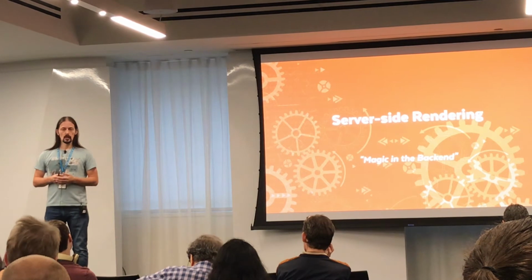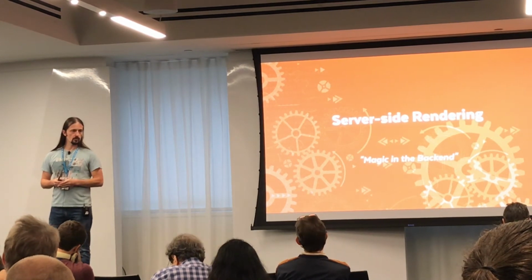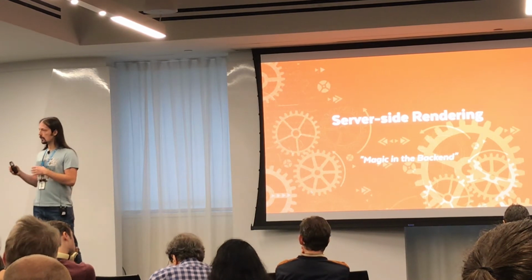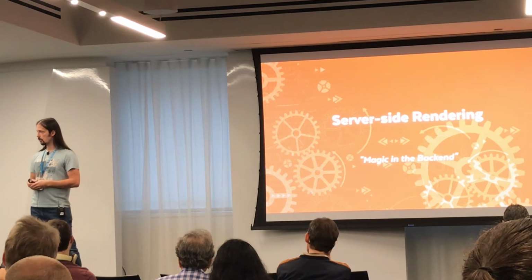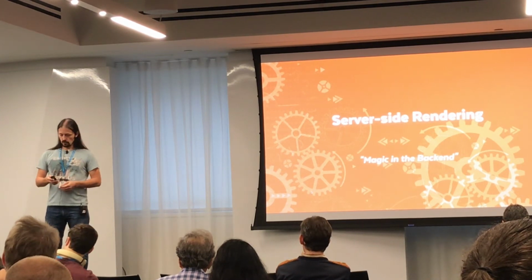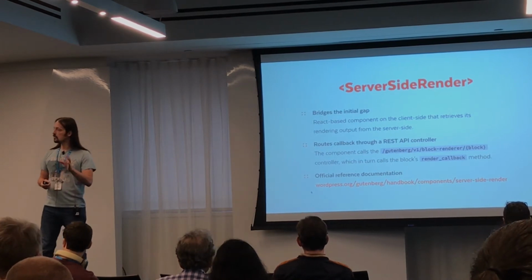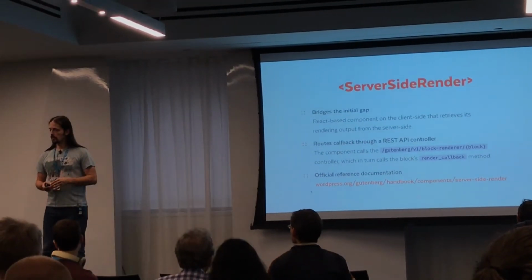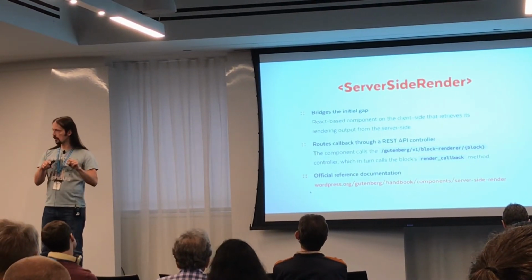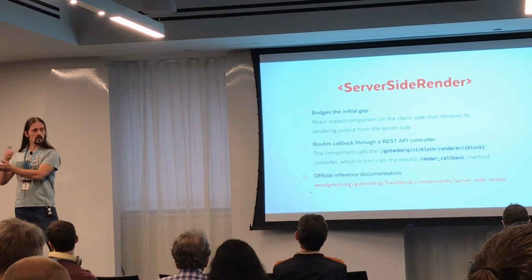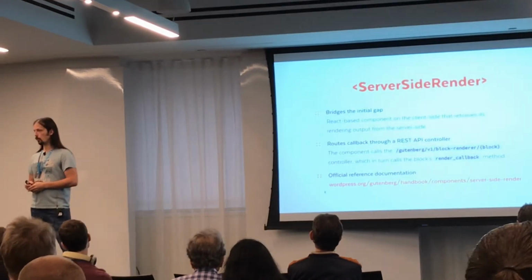For example, you might have a plugin that has a shortcode that you make available to your users. You already built the PHP logic to render the output that this shortcode is meant to produce. The server-side rendering component allows you to still reuse all the PHP code that you have for that shortcode. Just instead of tying it to the shortcode syntax, you're tying it to a server-side render component inside of Gutenberg, which can be wrapped into a block.